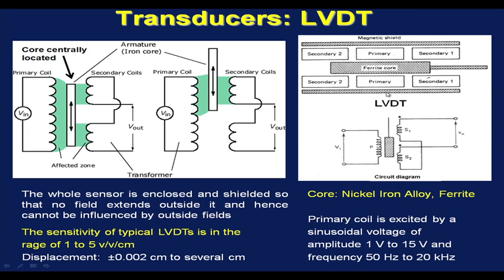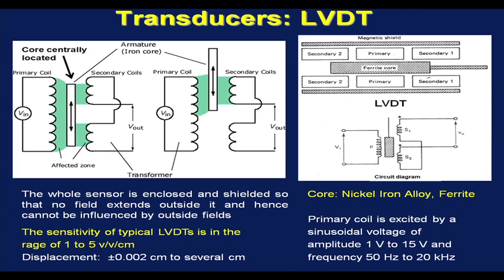So, this is the primary coil, and these are two identical secondary coils which are connected in series opposition. That these two secondary coils are connected in series opposition is clear from this circuit diagram. Usually, the core is made of nickel iron alloy, ferrite.